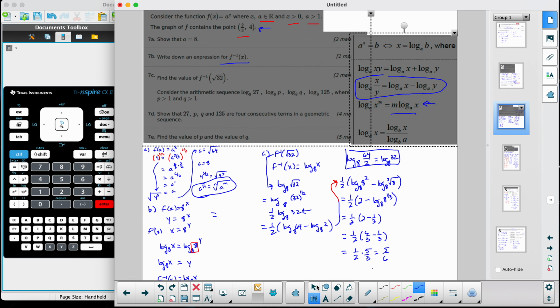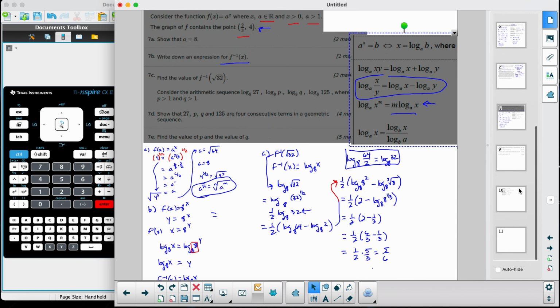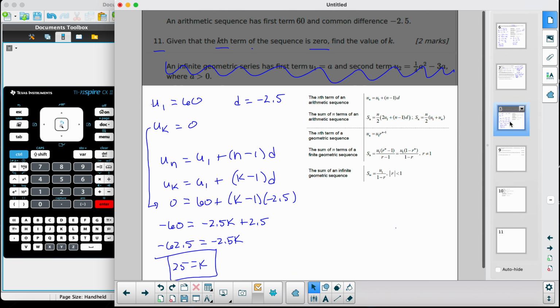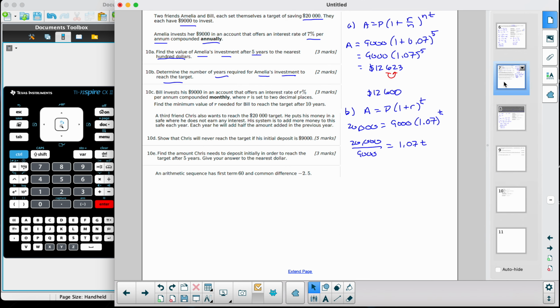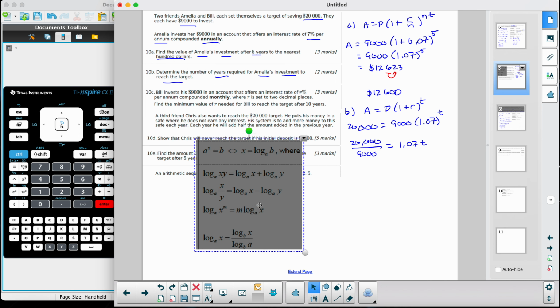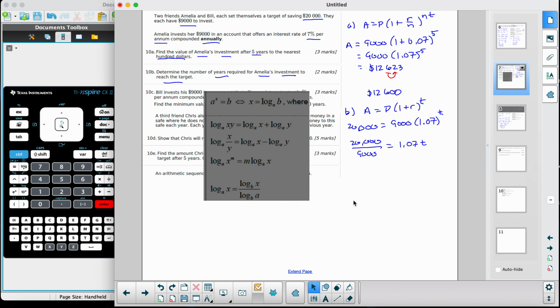Let me grab the log rules that we have right here. Here are my rules of logs.